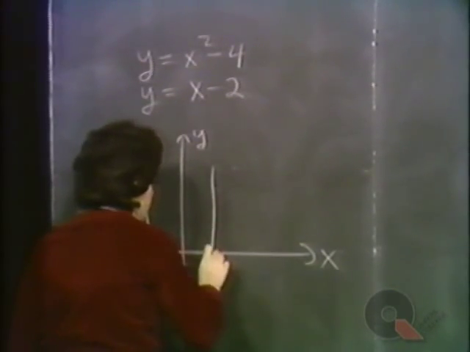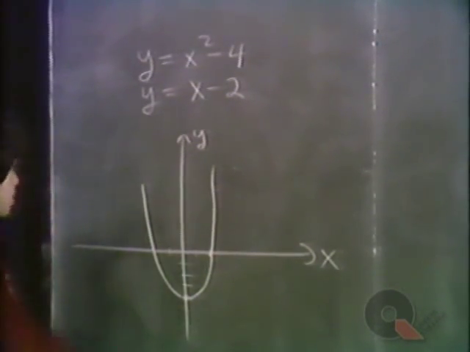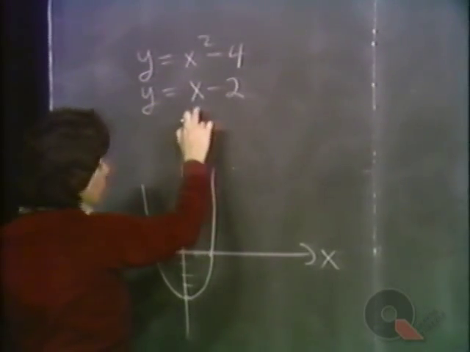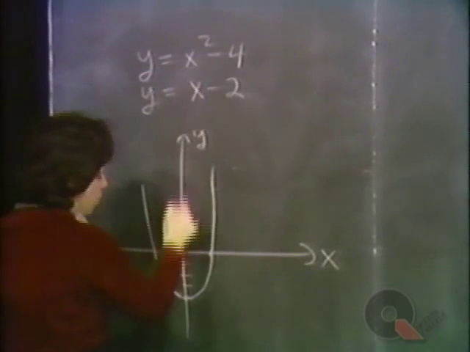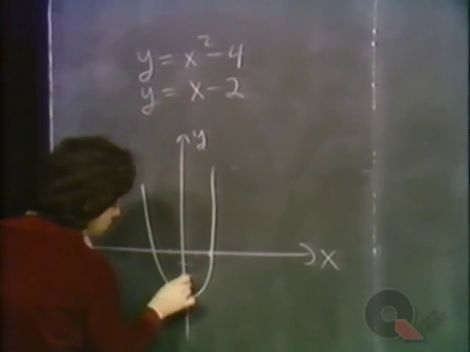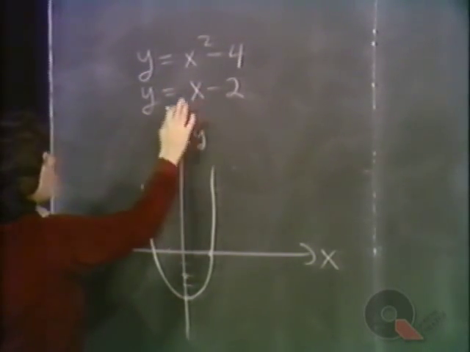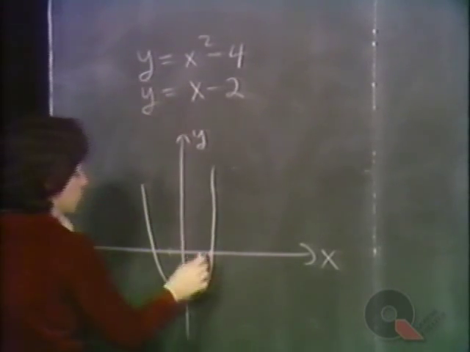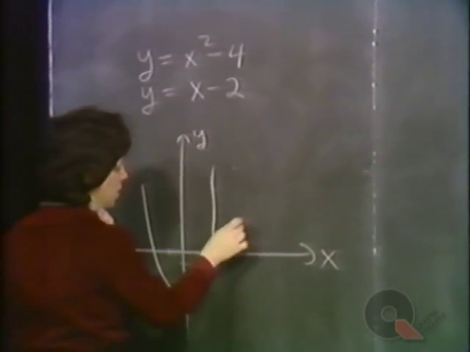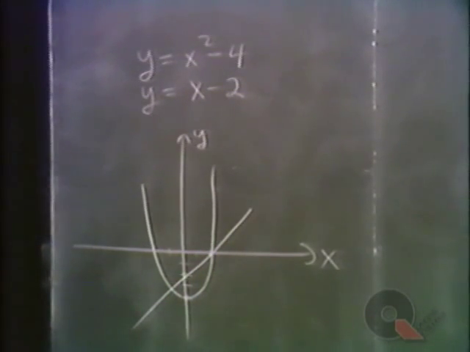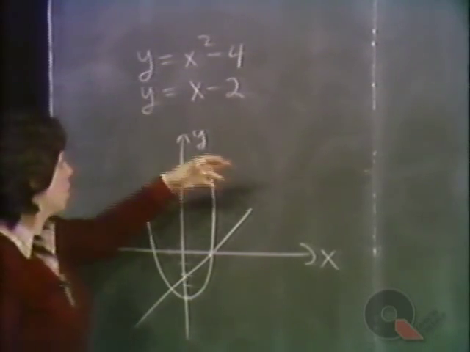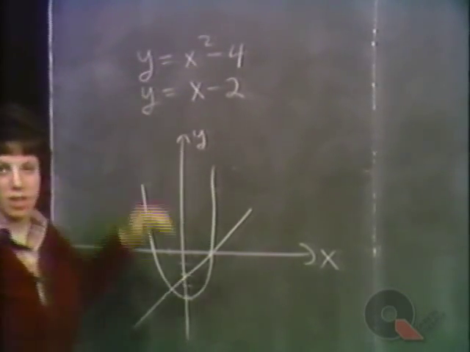So here we have the parabola. Now over here we have a straight line. Once again, using intercepts, 2 points, of course, determine a straight line. If x is equal to 0, y is equal to minus 2. If y equals 0, x is equal to 2. So the straight line goes through these 2 points like so. Now we are looking for all points, x comma y, that satisfy both equations at the same time.